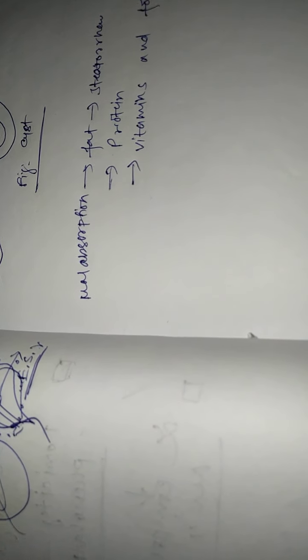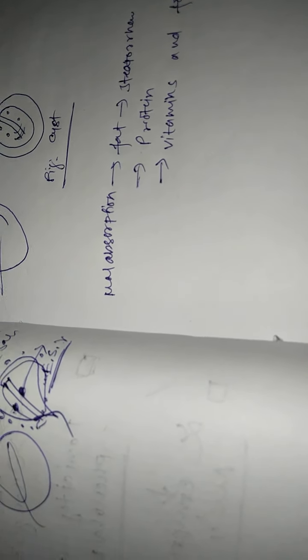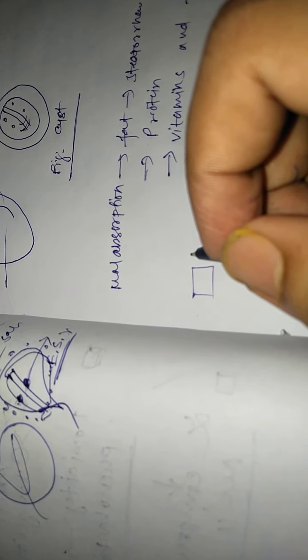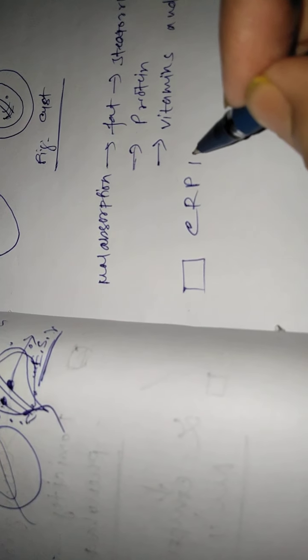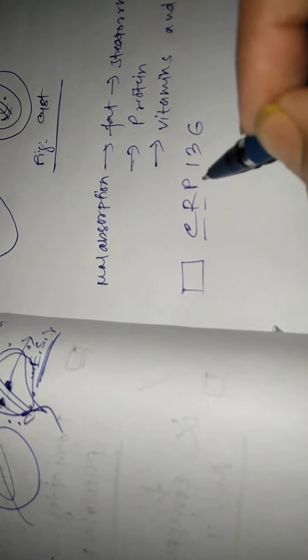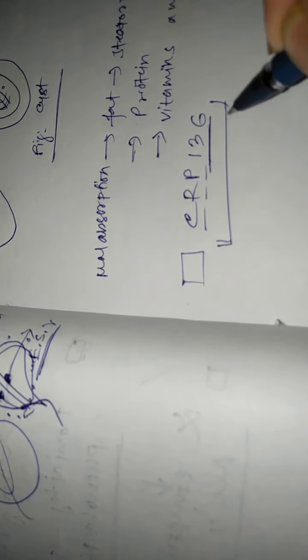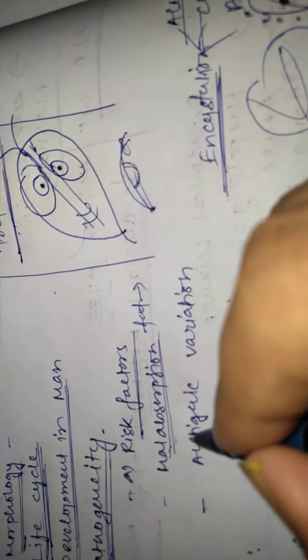Now this trophozoite has one protein known as CRP136, that is cysteine rich protein 136, which is one virulence factor for the parasite, right? Now what is antigenic variation?